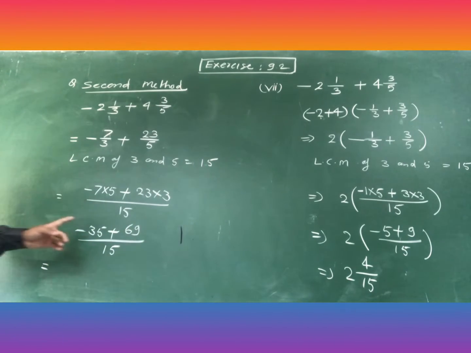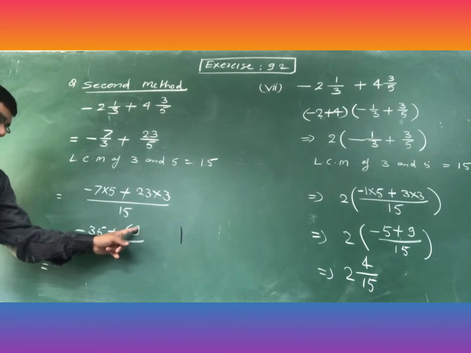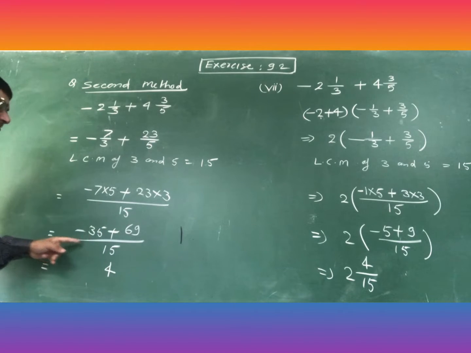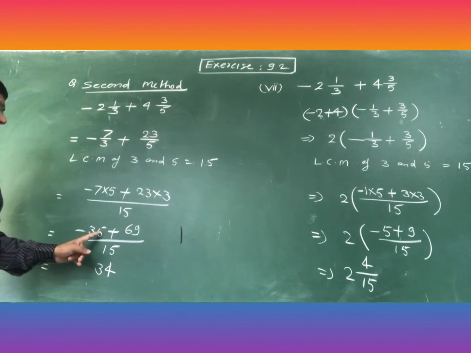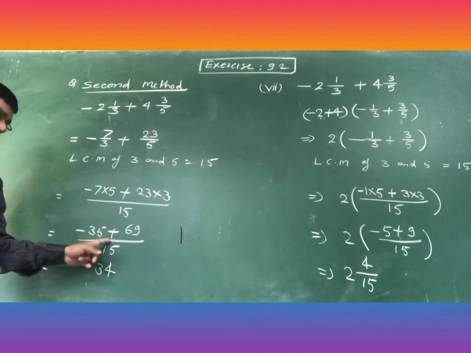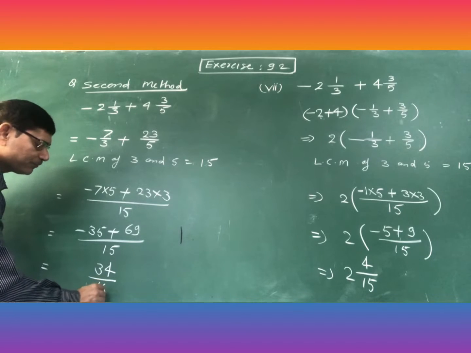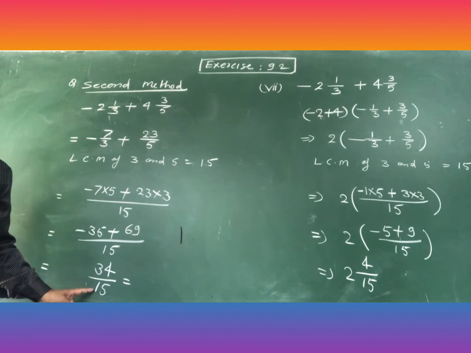Okay, one is negative, second is positive, so always you will subtract. 9 minus 5, 4, and 6 minus 3 means 3, and 69 is greater than 35 and 69 has a positive sign, so you will put plus by 15 here, and 34 is greater than 15, so you will convert this into a mixed fraction.